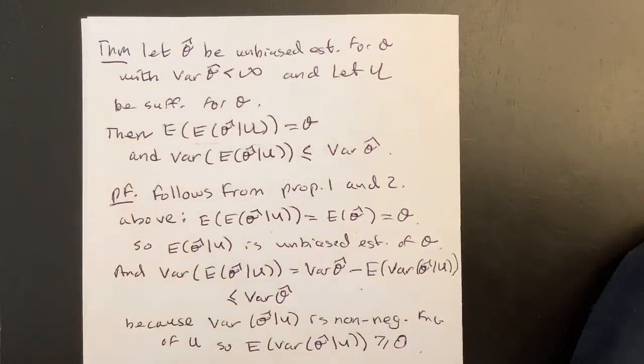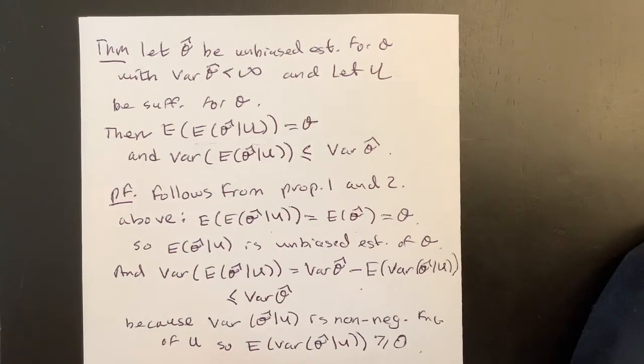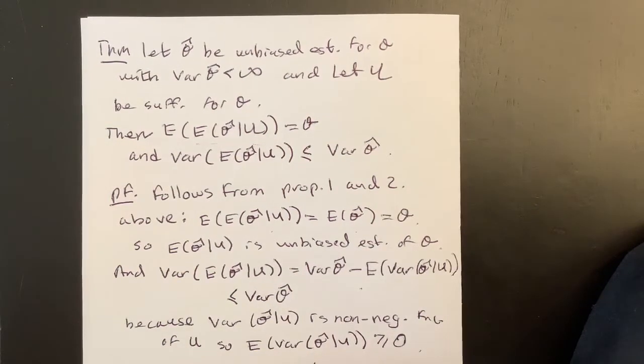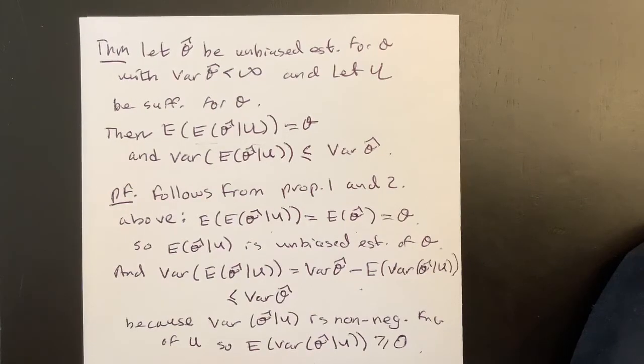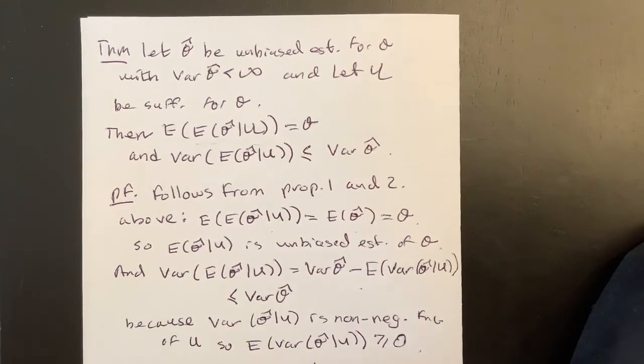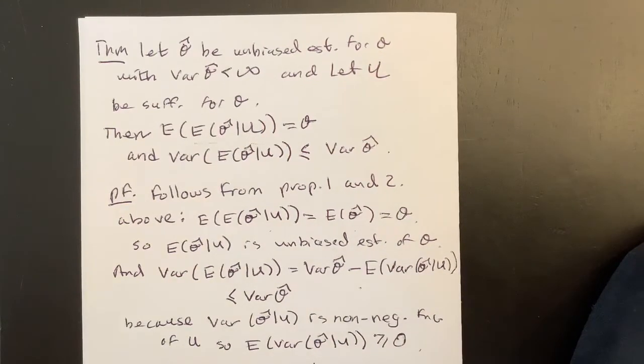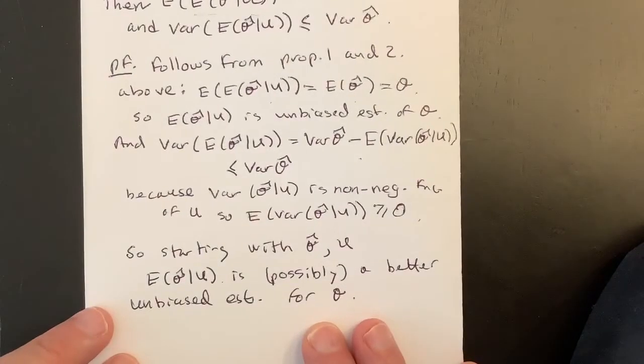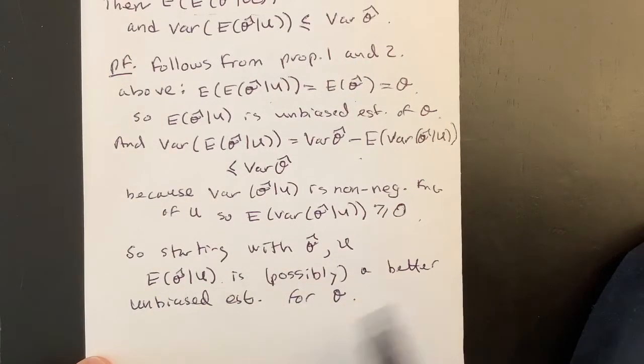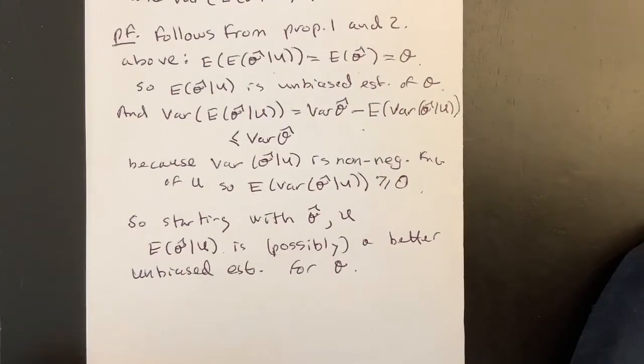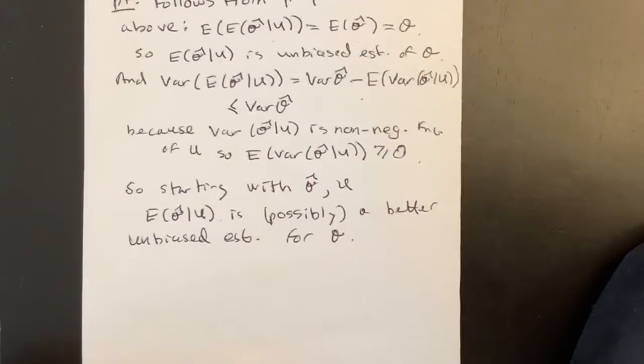So in English, starting with theta hat and U, E of theta hat given U is possibly, maybe not, maybe it's the same, a better unbiased estimator for theta, because it's also unbiased and the variance cannot be any worse.